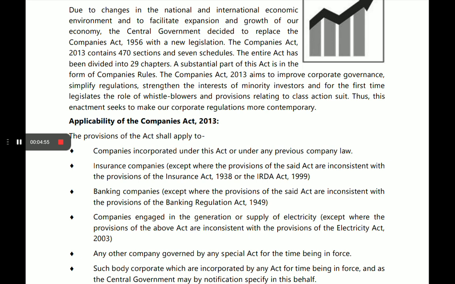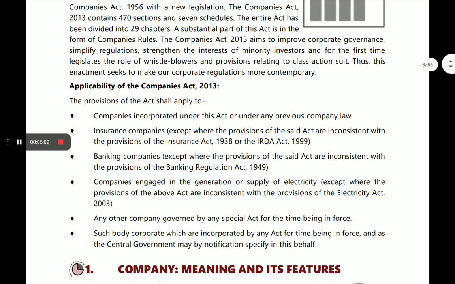Applicability of the Companies Act 2013. The provisions of the Act shall apply to companies incorporated under this Act or under any previous company law. Insurance companies, except where the provisions of the said Act are inconsistent with the provisions of the Insurance Act 1938 or the IRDA Act 1999.